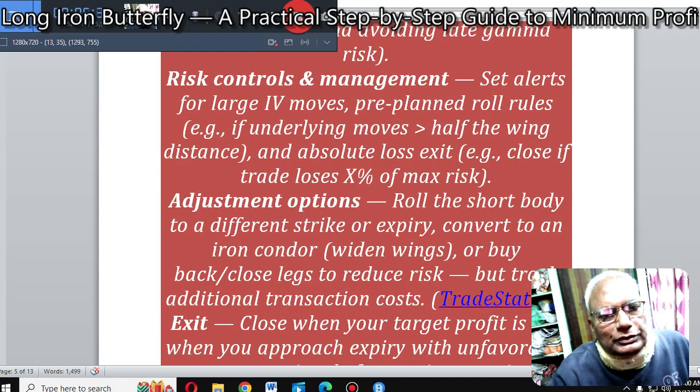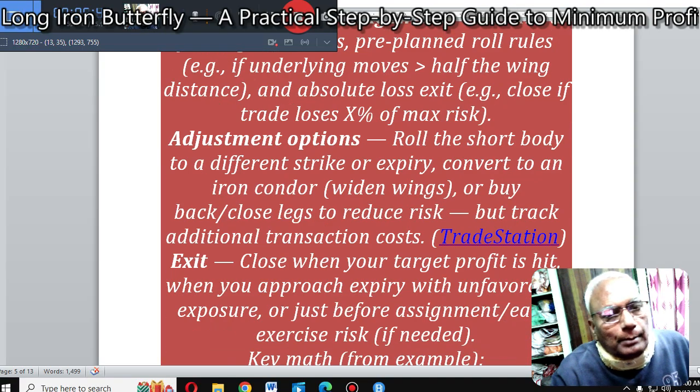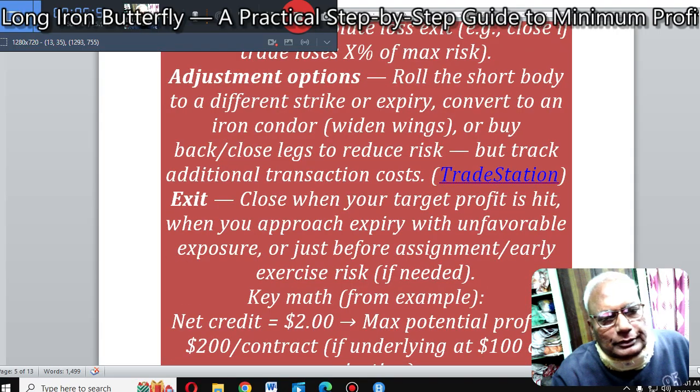Adjustment options: roll the short body to a different strike or expiry, convert to an iron condor, widen wings, or buy back or close legs to reduce risk, but expect additional transaction costs.